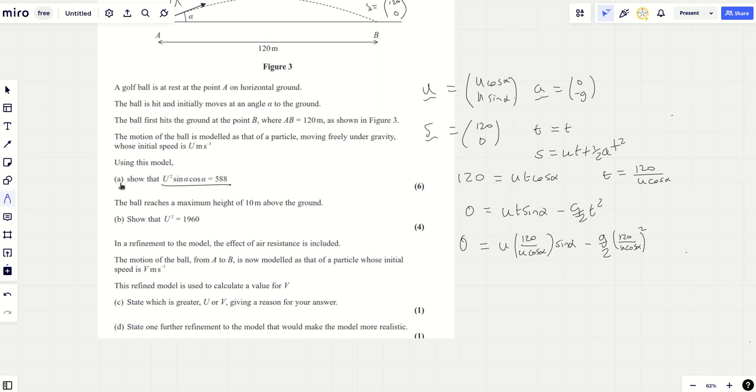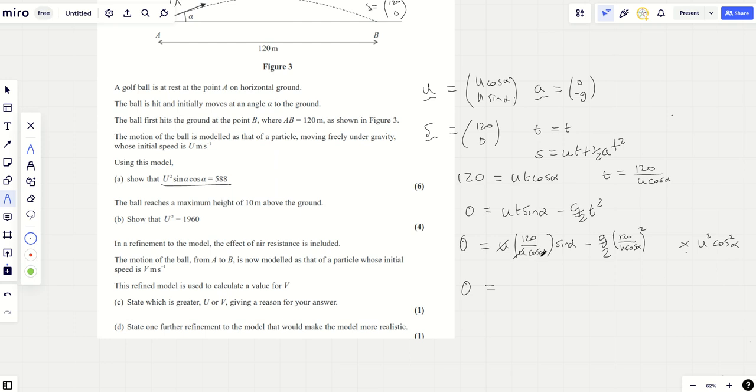What's going to cancel there? Lots going to cancel. That cancels with that. Okay, and if we multiply by u squared cos squared alpha, it gets rid of that u squared cos squared alpha down there. What do we get?